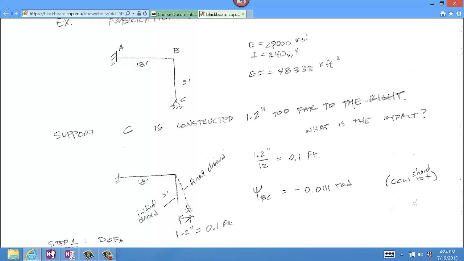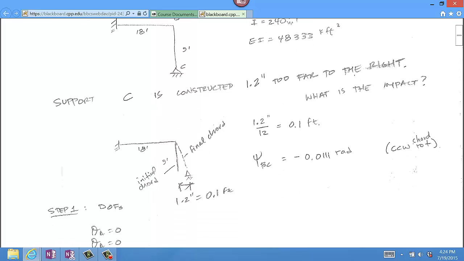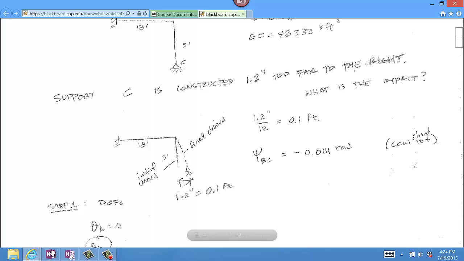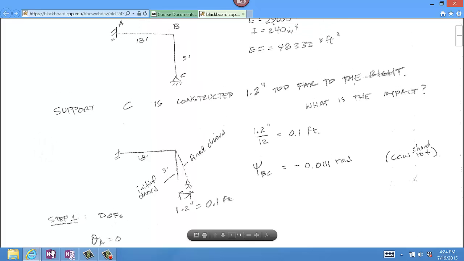One question is, well, how much force is required to pull the bottom of the column at joint C? How much force is required to pull it to the right so that the connection can be made if the support is offset? So for example, the anchor bolts are 1.2 inches too far to the right.